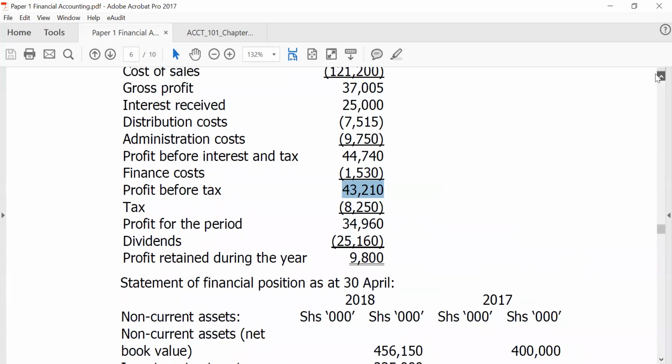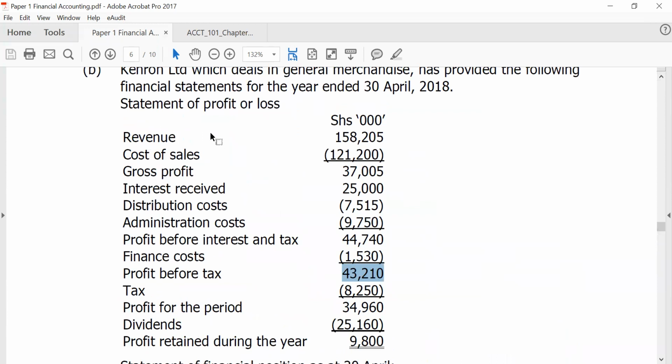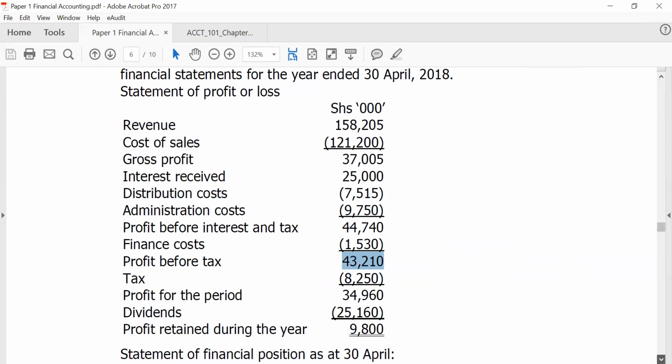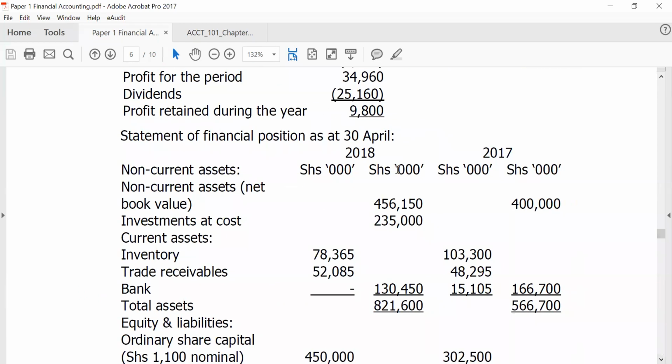So in most cases, as we can see, they have given us the statement of P&L, but they also go ahead to give us a statement of financial position. Now, this is again to re-echo that when we're preparing our cash flow statement, our source of information, especially for the indirect method, is the statement of P&L as well as the statement of financial position.